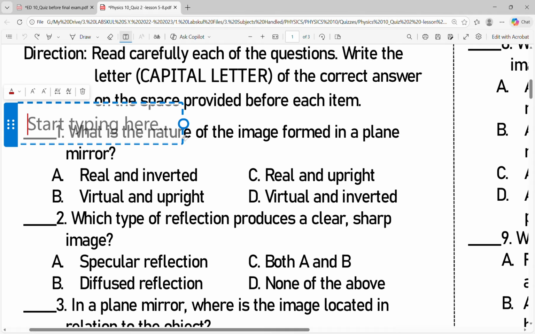For this particular item, you notice that the choices revolve around the type of image formed and the orientation of the image that you could see, focusing on a plane mirror.